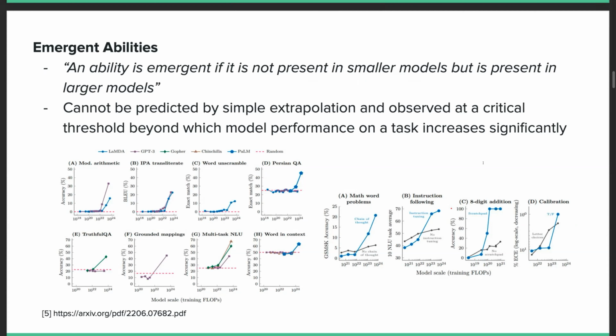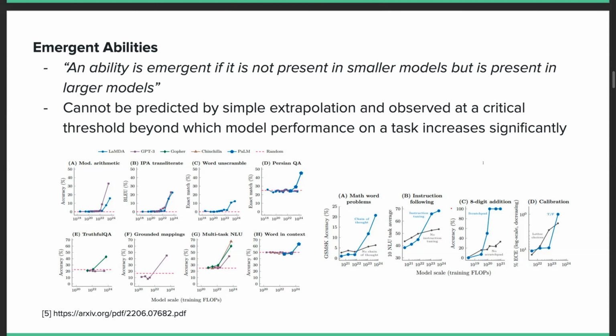So what's unique about emergent abilities? It turns out that they just pop up. You train a model, you train a bigger model with potentially or likely more data, and you keep training bigger models. And there comes a point where these models are able to solve problems that were not solvable by smaller models. For example, on the figure on the left, you see tasks such as modular arithmetic, word unscrambling, multitask natural language understanding, and many more.